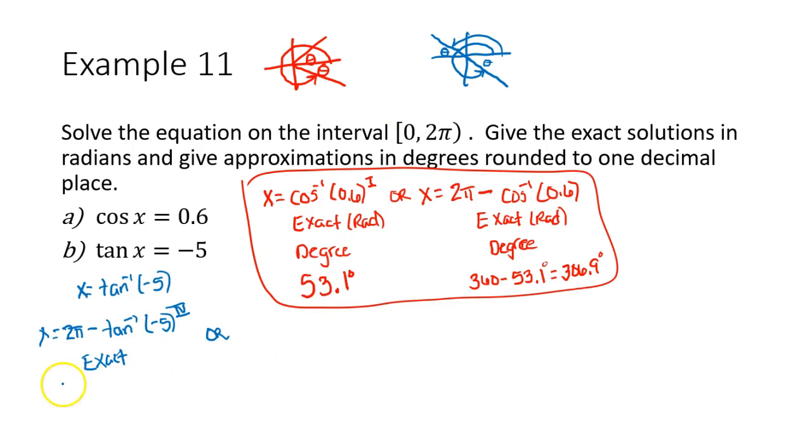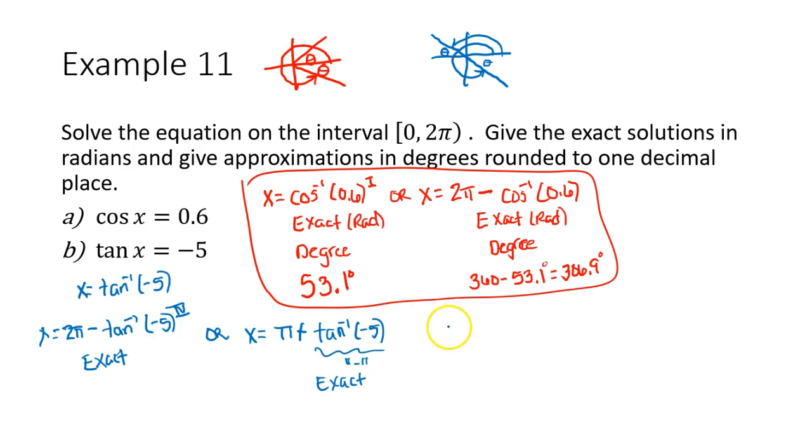And so my other angle, which is going to be in quadrant 2, is going to be pi, well, actually we'll need to do plus here, the inverse tangent of -5. And that's going to put me up in quadrant 2, because remember, this thing right here is going to be a negative number. And that's going to back me up into quadrant 2. So here are my exact answers.